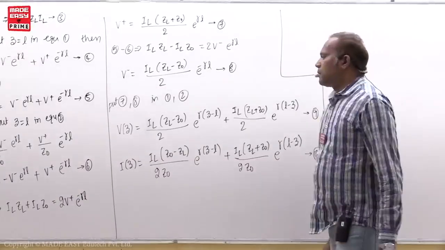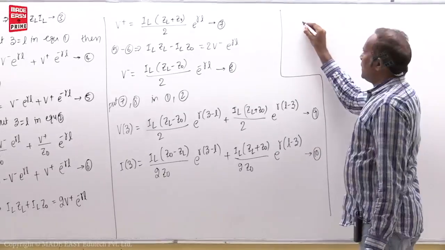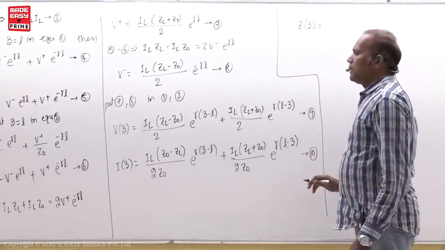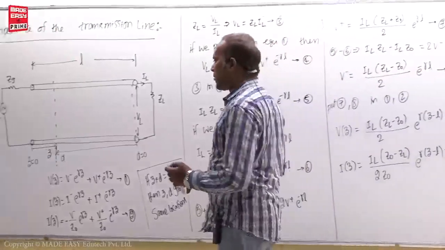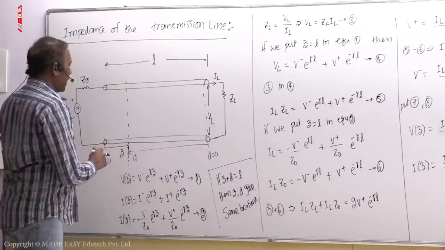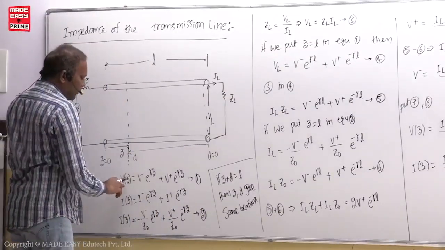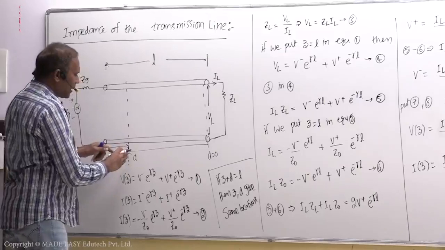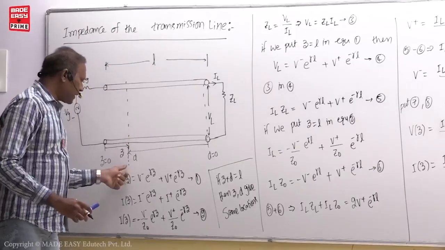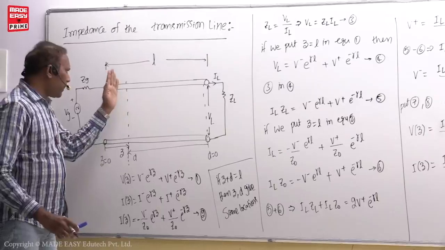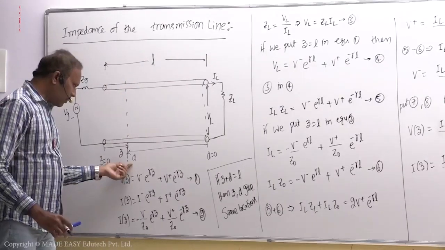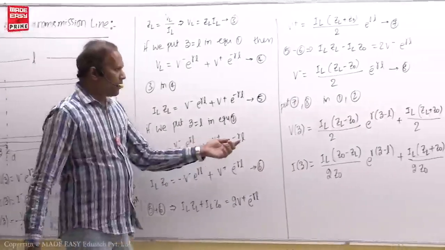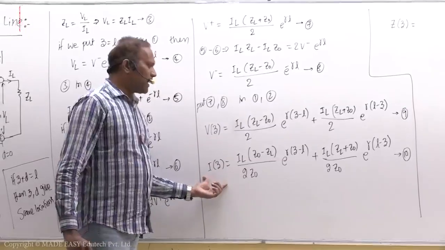Okay, so now what is the impedance of the transmission line at any distance? Impedance of the transmission line at any distance means, for example, at Z distance, total voltage V of Z, total current I of Z. The total impedance of the transmission line at Z distance is equal to voltage at Z distance divided by current at Z distance.